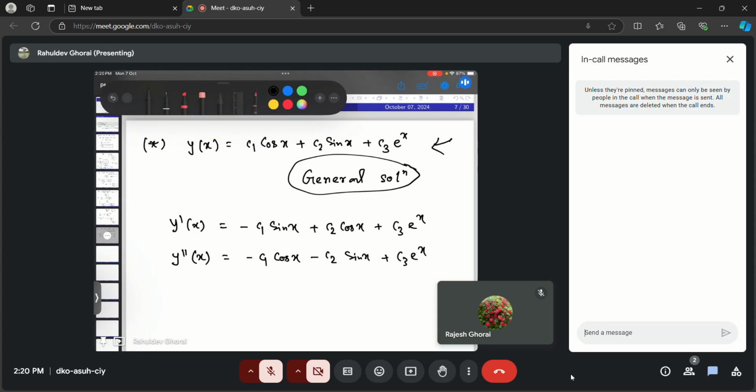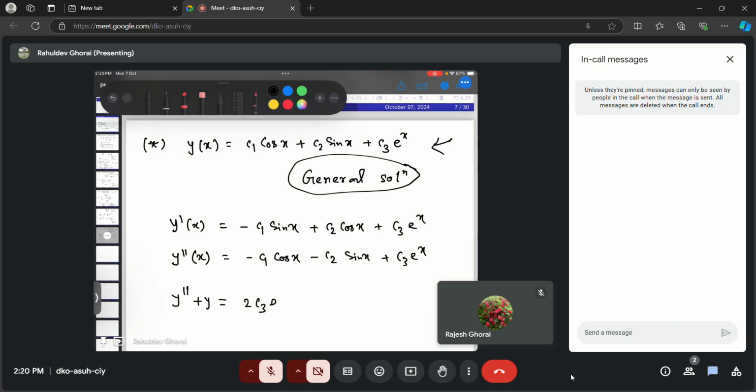Anyway, we have to find the differential equation which y solves.